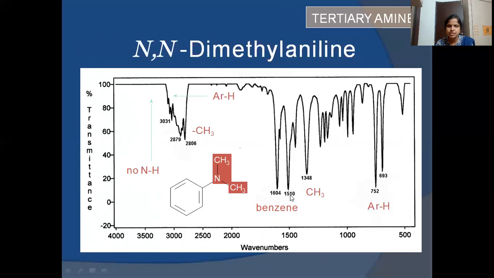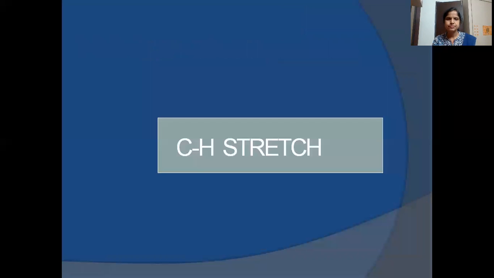And this is again benzene C double bond C stretching, and then below 900 also we have bands. So it is giving information that it is an aromatic ring and a tertiary amine. How do we say it is a tertiary amine? Because there is no band between 3300 and 3400. In this way we can distinguish primary, secondary and tertiary amines.